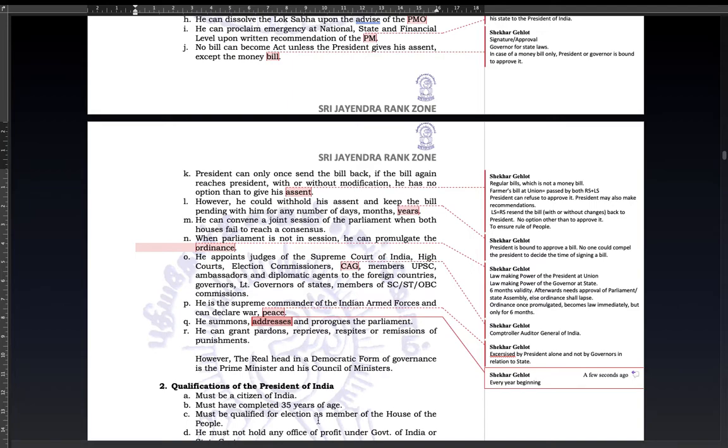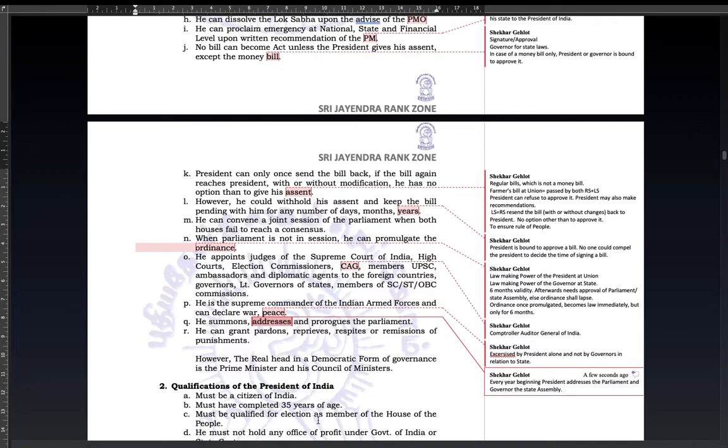The president addresses the parliament and the governor the state assembly.